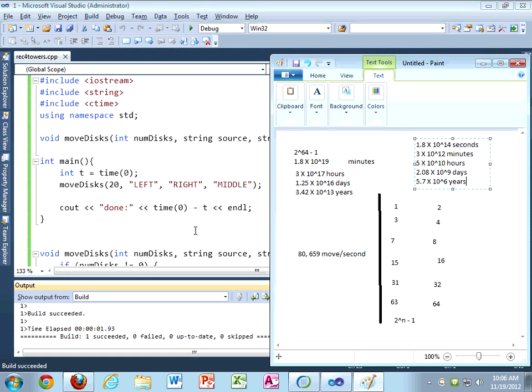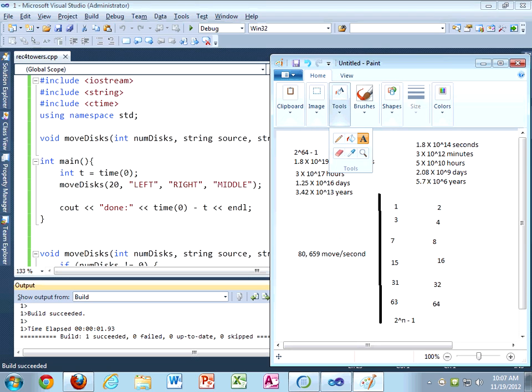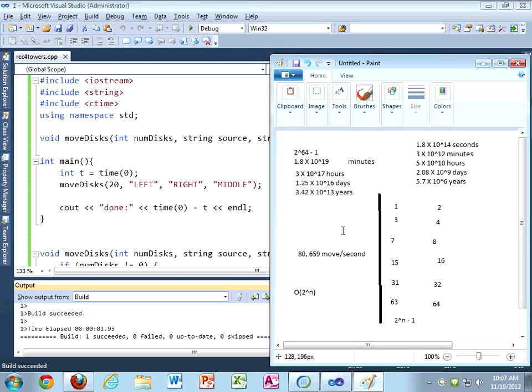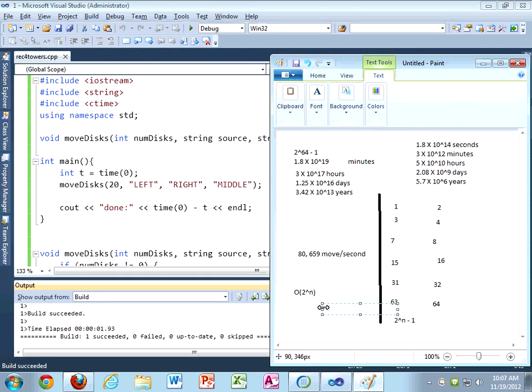In computer science, when we talk about that, we use something called big O notation. So we would say this is big O of 2 to the n, because that 2 to the n is how we represent an exponential function.